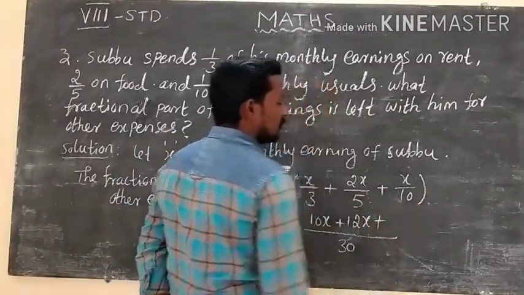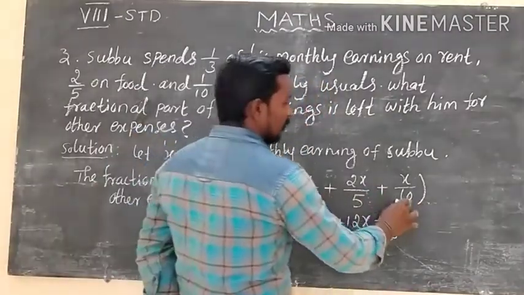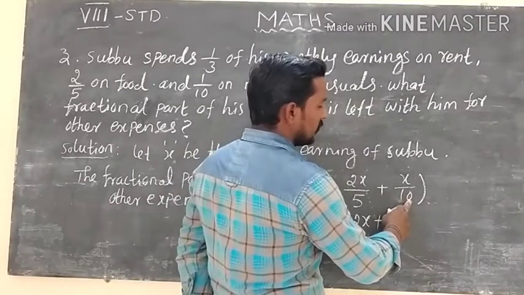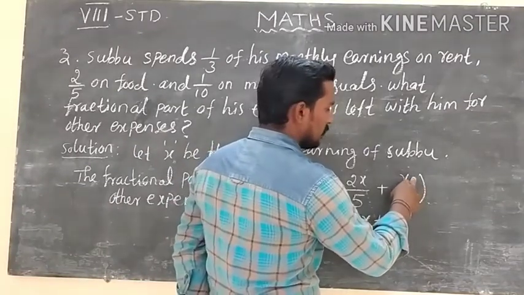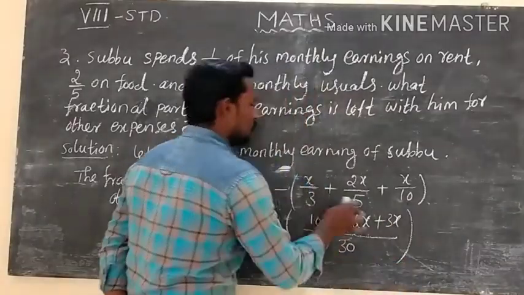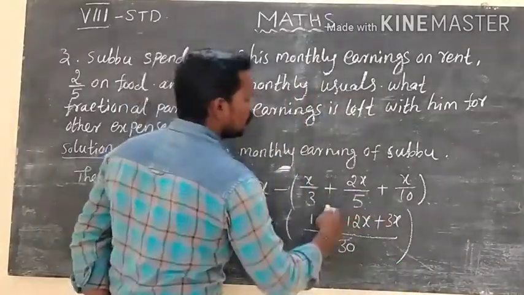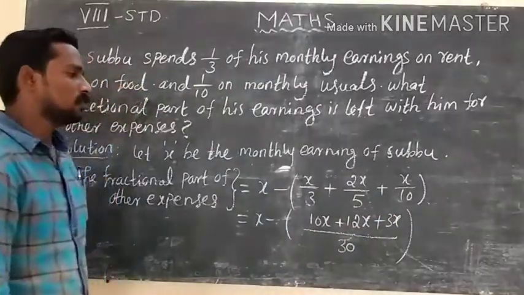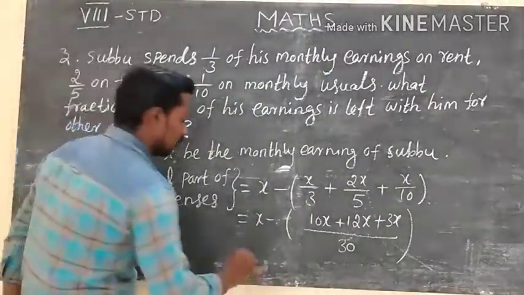Plus here 10 multiplied by 3 is 30, so the numerator also gets multiplied by 3: 3 into x, 3x. The LCM of 3, 5, 10 is 30. You should find the LCM yourself. This is your homework.